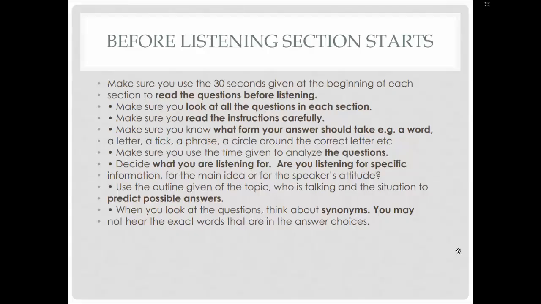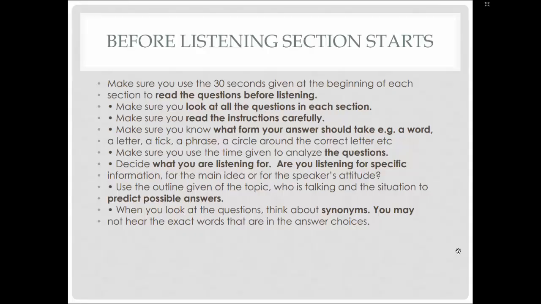There are 10 questions for each section. In section 1, they're going to split it in half, and first say something like, you now have some time to look at questions 1 to 5, and then they stop the tape, and you have some time to look at questions 1 to 5.